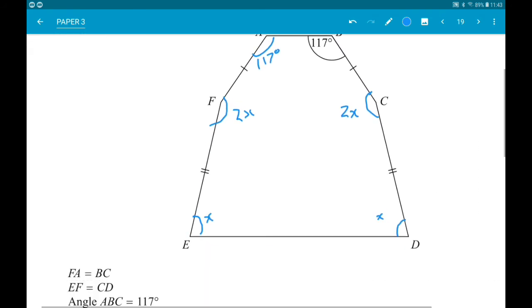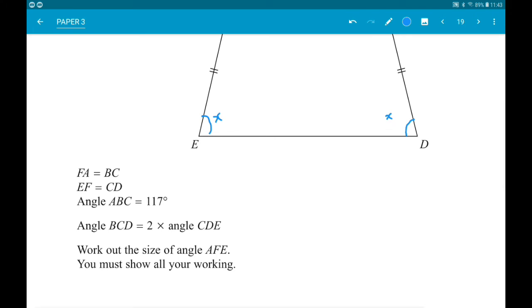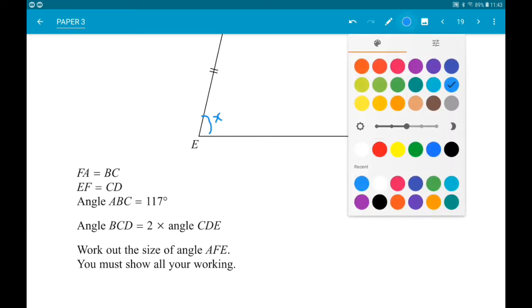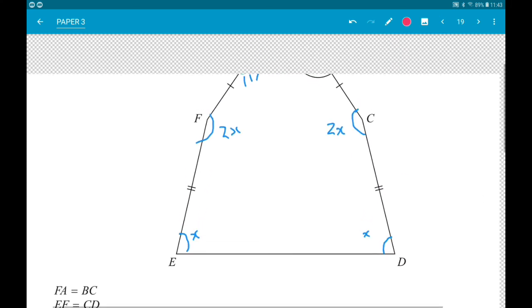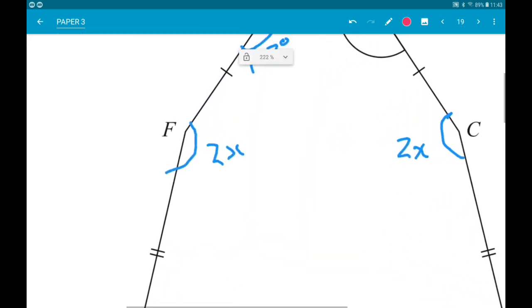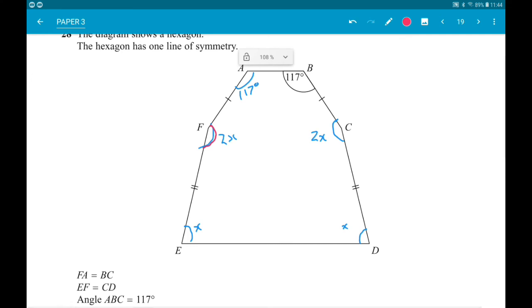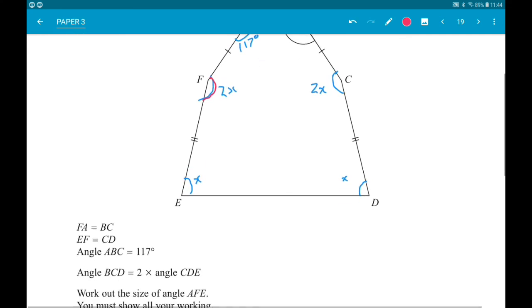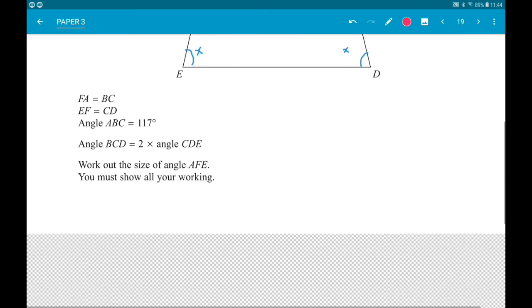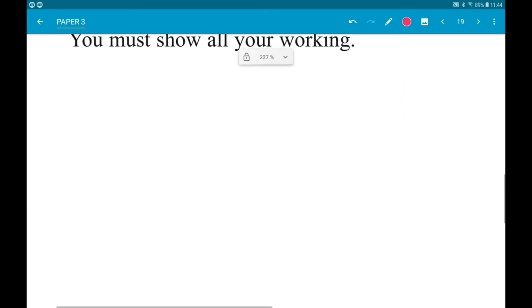Now our job is to work out the size of angle AFE. So angle AFE is this guy here. So essentially we want to work out the value of 2x. Now to be able to do that, we need to know what the total angles in a hexagon add up to. So there's a nice trick to this.